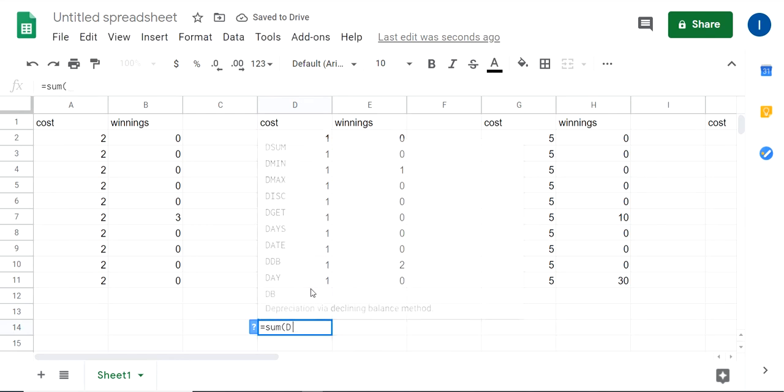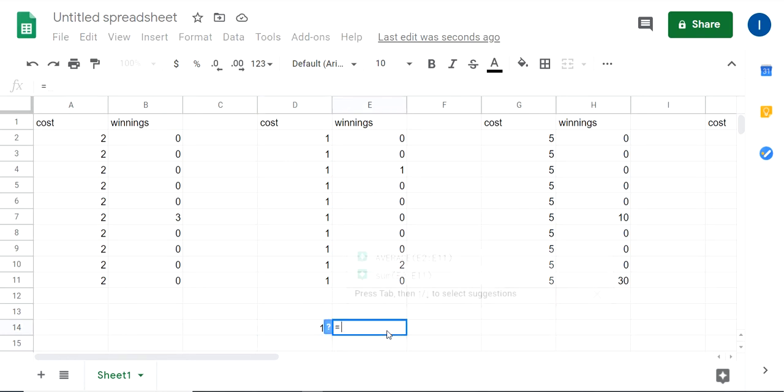I'm going to start on D2, put a colon, and then put D11. So I spent $10 on the $1 tickets because I bought 10 of them, and I won $3. Total lost here was $7. I lost $7 for the $1 scratch tickets.